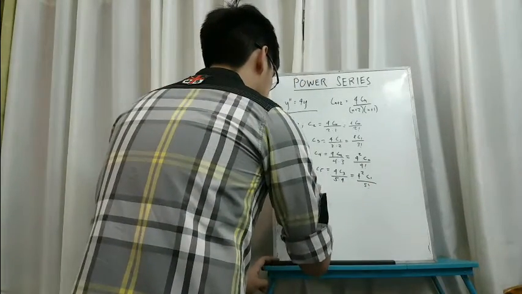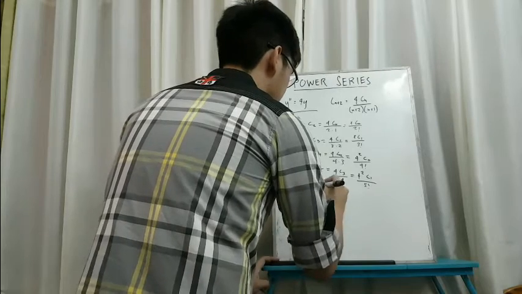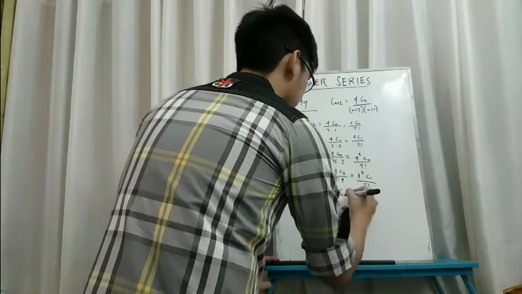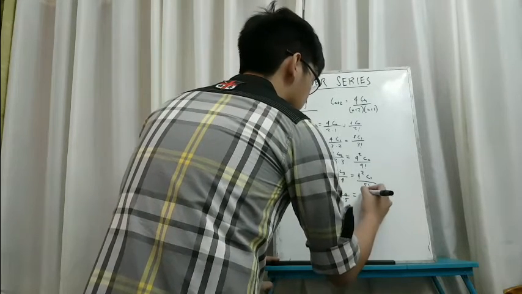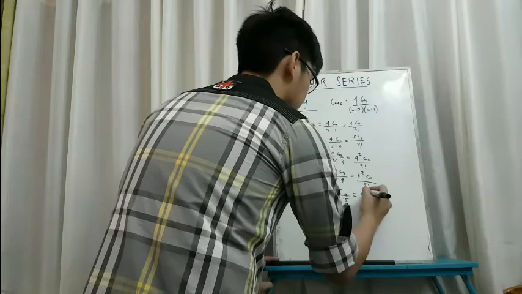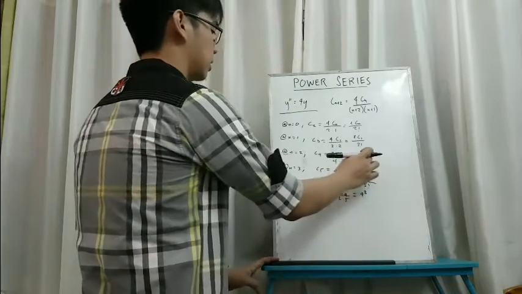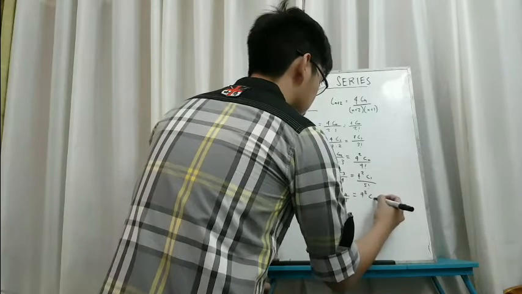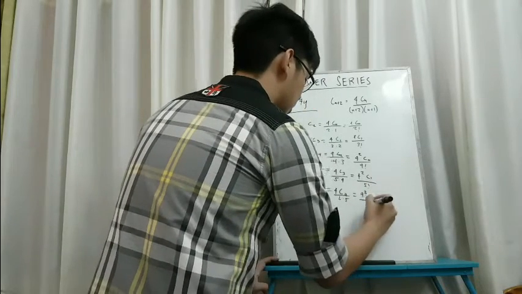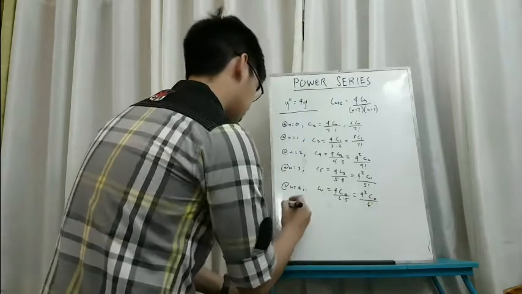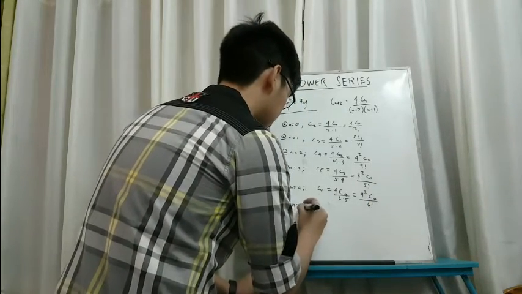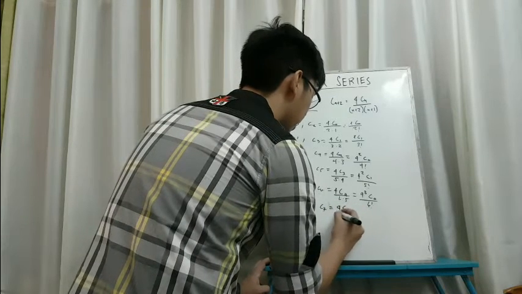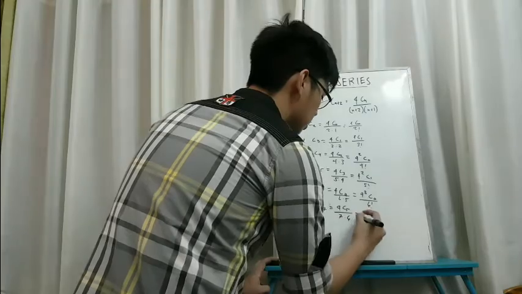And at n is equal to 4, C6 is 4 C4 over 6 times 5. This is 4 cubed C0 all over 6 factorial. And at n is equal to 5, C7 is 4 C5 over 7 times 6.